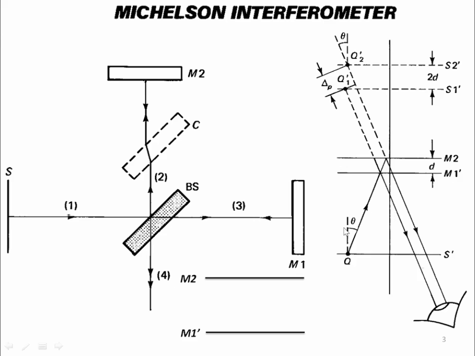Now let us try to find out the optical path difference which the two beams suffer because of their different paths. And for that, let us focus on this diagram. So basically, this is our initial beam, beam 1.